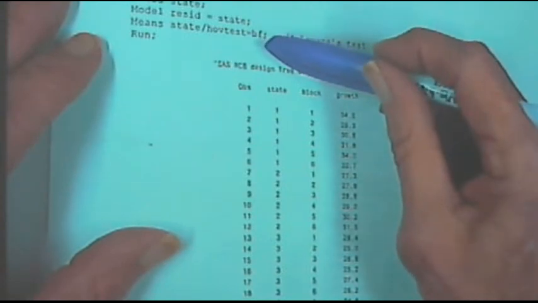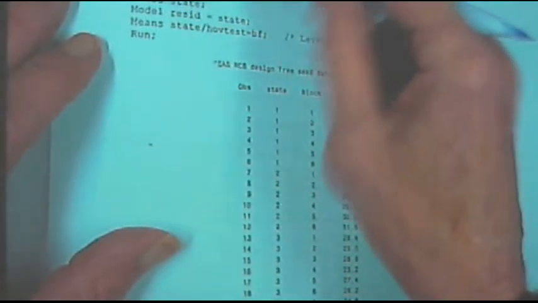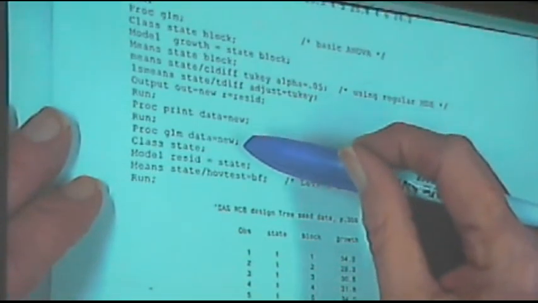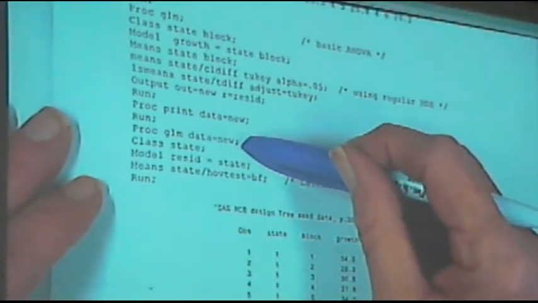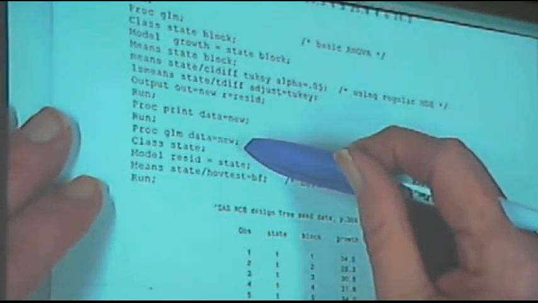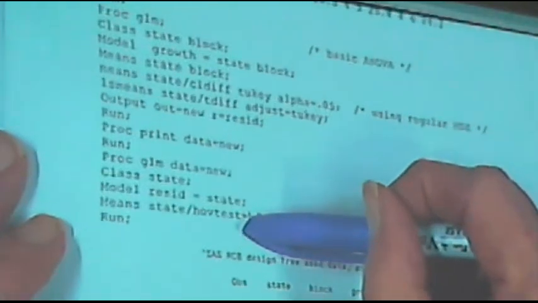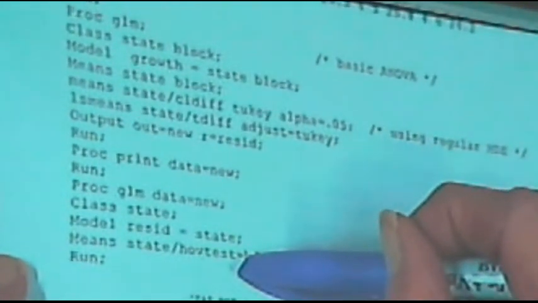The residuals were calculated from the initial GLM model and so forth. And I get those residuals, put in this new data set called new, and using these residuals, I'm going to do the means test on these residuals.